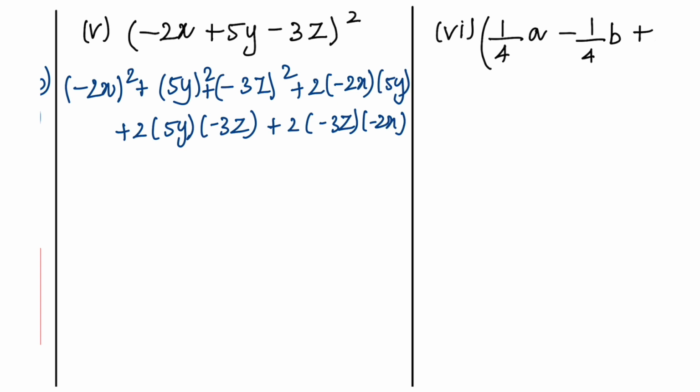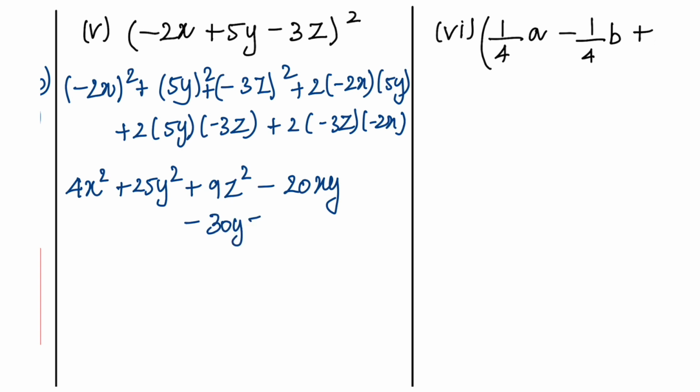Okay, so further evaluating it, minus 2x the whole square becomes 4x squared plus 25y squared plus minus 3z the whole square becomes 9z squared, minus 2 times 2 is 4, 4 times 5 is 20, 20xy, minus 2 times 5 is 10, 10 times 3 is 30yz, and plus 2 times 3 is 6, 6 times 2 is 12, so 12zx. Okay, so that is the answer to this subdivision.